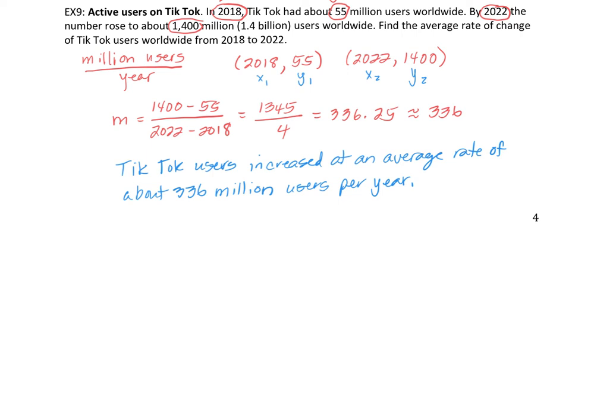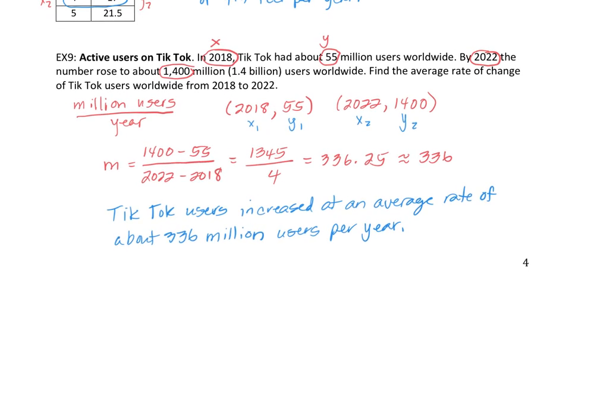If that rate remains stable, then in the next year we would add 336 million users to the current 1,400 million to get over 1,700 million or 1.7 billion users. And again, if that rate continues on, we can keep adding about 336 million users per year. So anyway, that ends this section, and that's it.